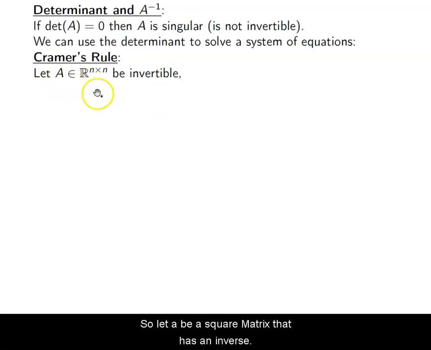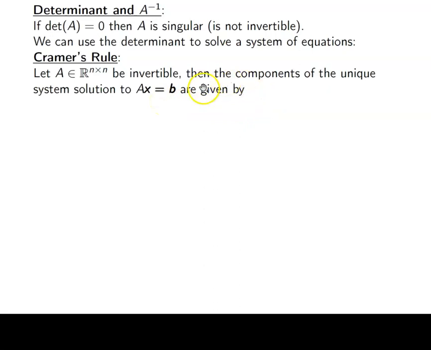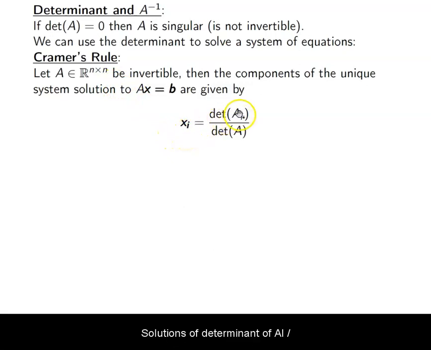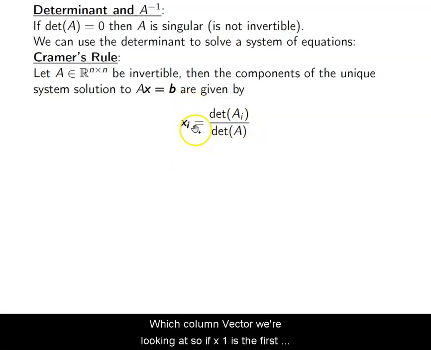So let A be a square matrix that has an inverse, okay, and that its components can create a system of equations that have the form A times X equals B, okay. The solutions of this system of equations given by A are xi equals determinant of Ai divided by determinant of A. Okay, so xi is talking about which column vector we're looking at.